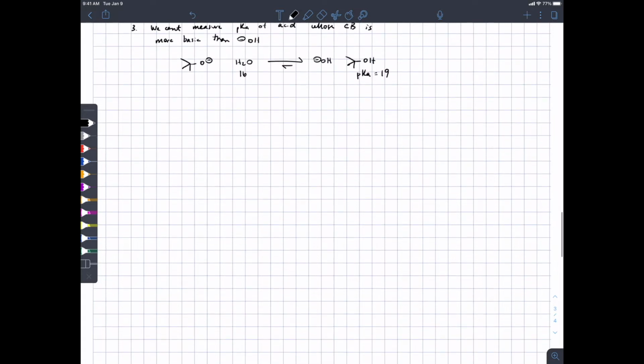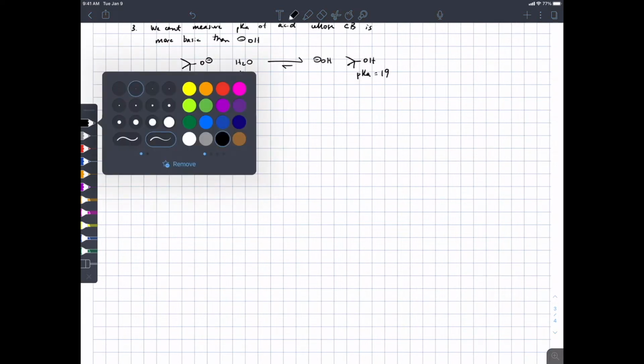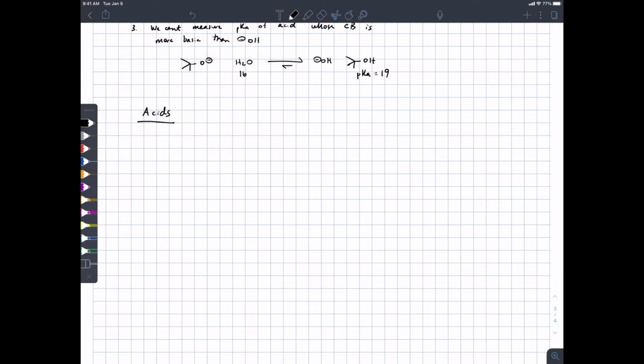So here I'm going to list a few acids and then we'll discuss their pKa's in various organic solvents. We'll start with acetic acid or vinegar. We'll do water, methanol, DMSO, DMF, and acetonitrile.